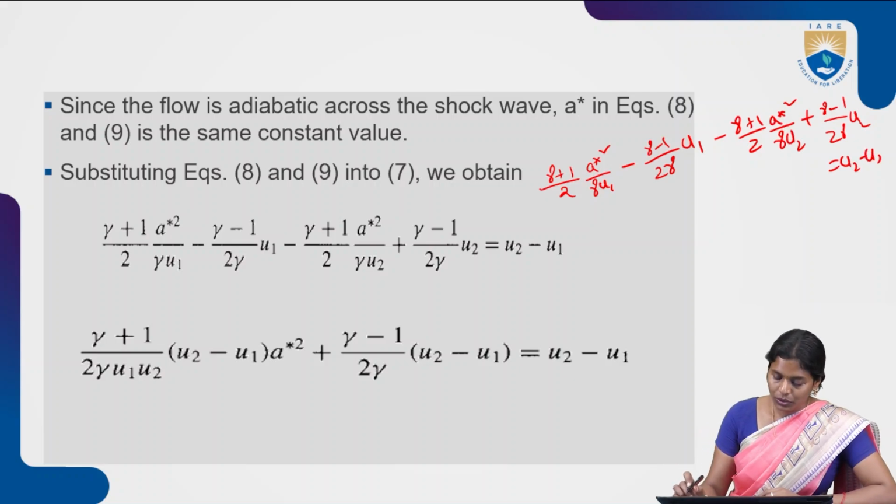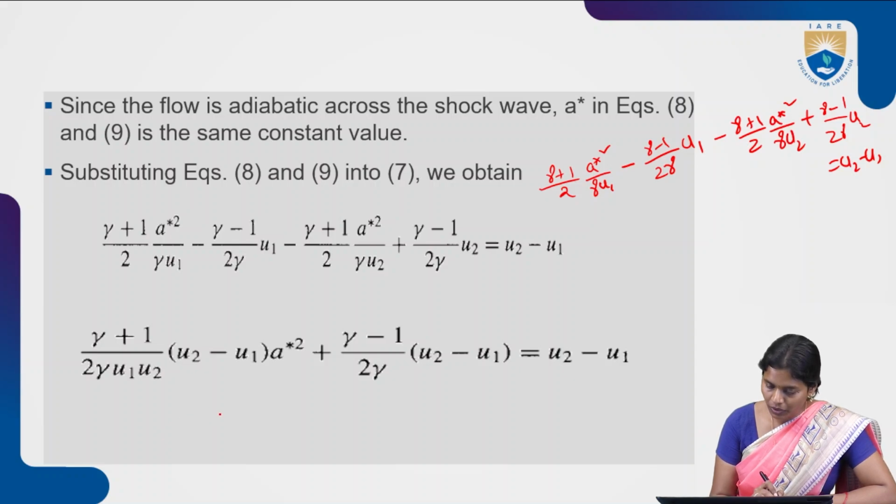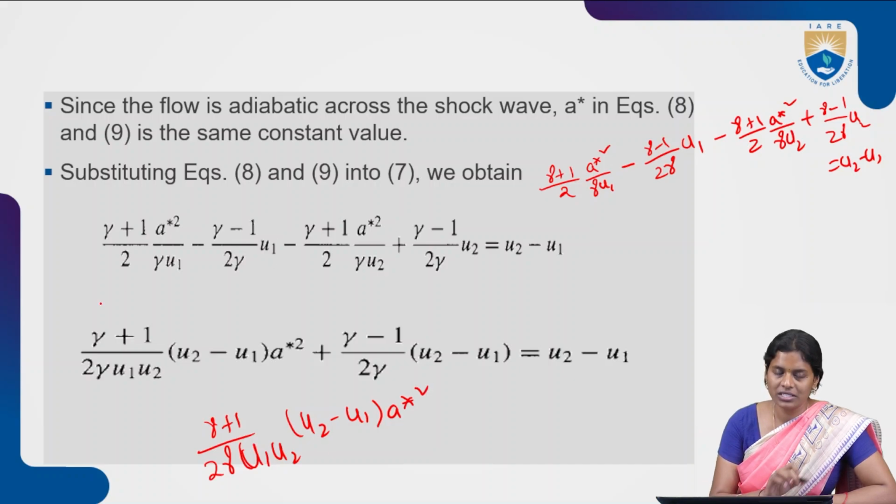Further, if you solve this particular expression, we will be having gamma plus 1 by 2 gamma U1 U2 into U2 minus U1. So we are keeping A star aside and U2 minus U1 aside.